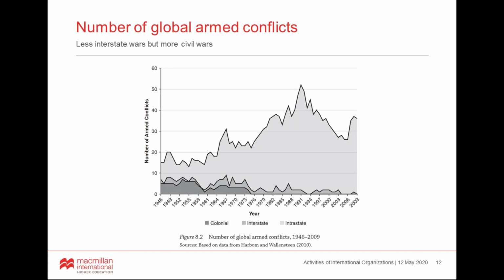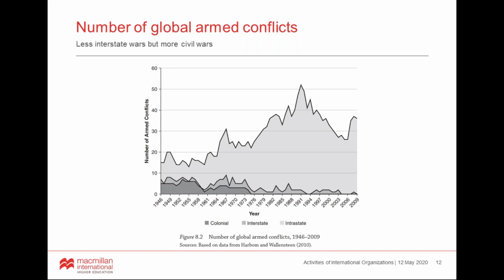It's very rare these days that countries go to war against each other, that Canada invades the United States, that France invades Germany, that Egypt goes to war with Ethiopia. That rarely happens. And you can see that these dark gray graphs below, they're near absent.